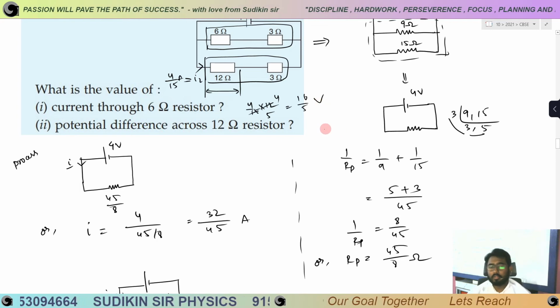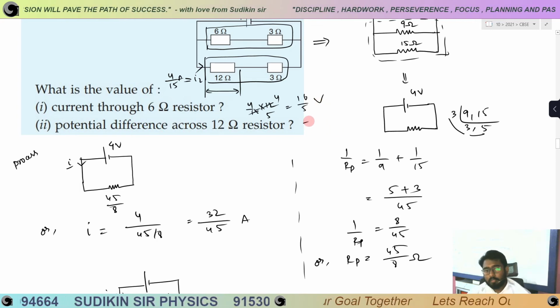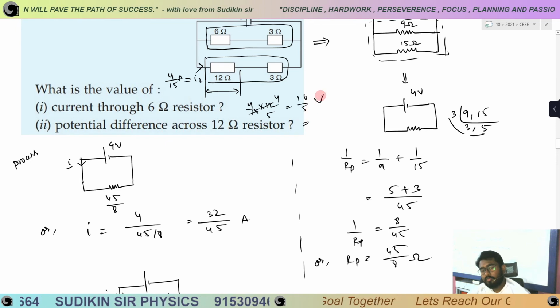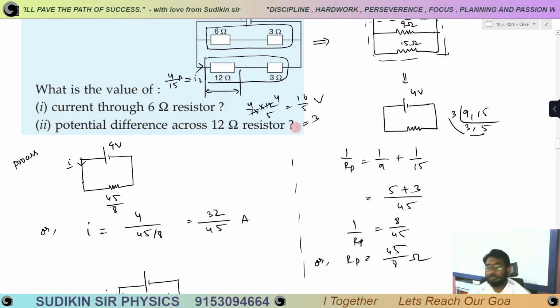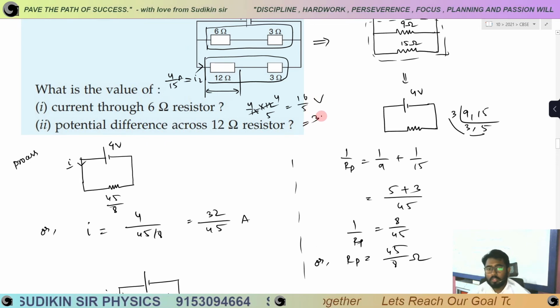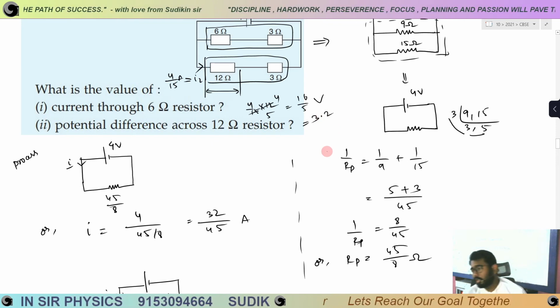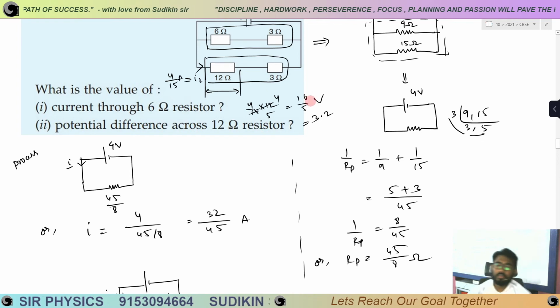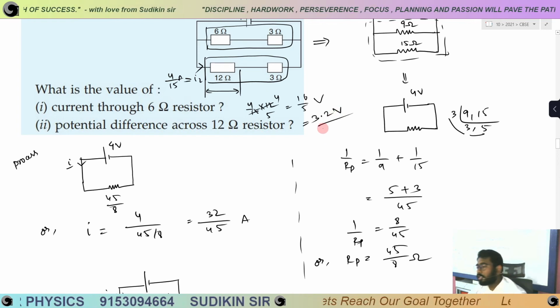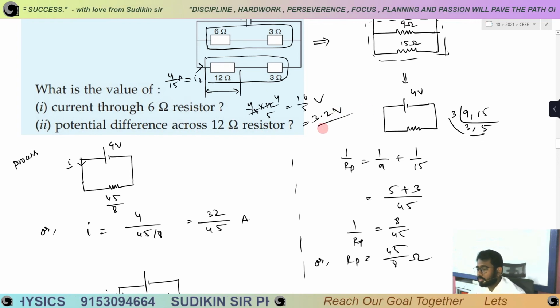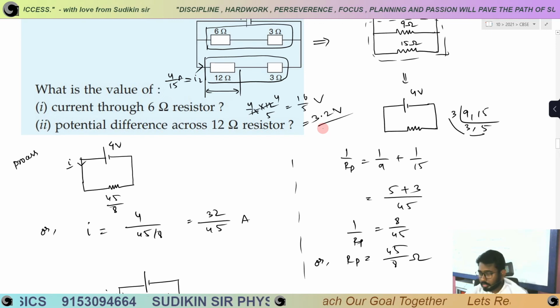Yes, now it is okay. 16 by 5 means 5 3s are 15, 1 means 5 5 2s are 10. So that will be 3.2 volt. Are we clear here? Are we having any confusion? No. Please check the answers and confirm me.